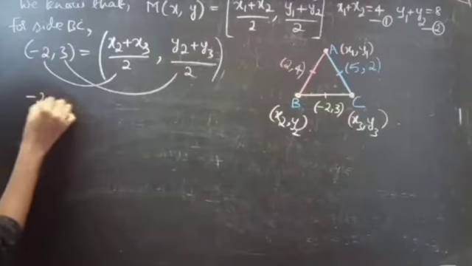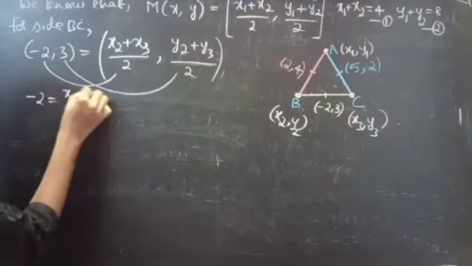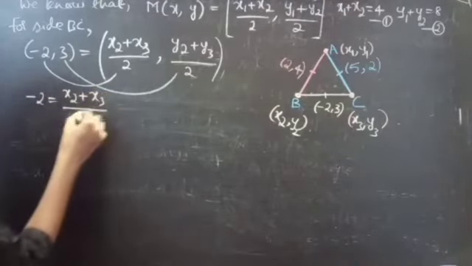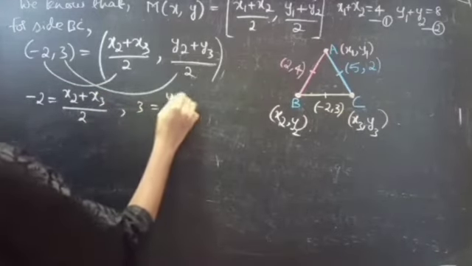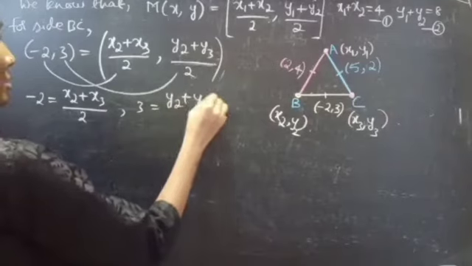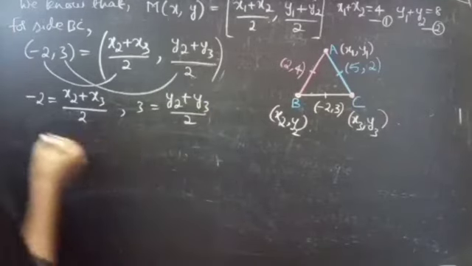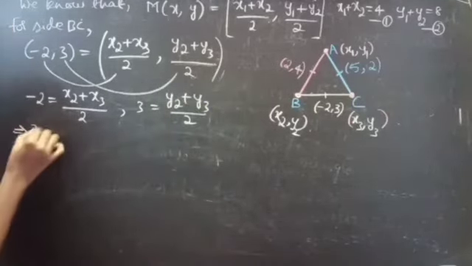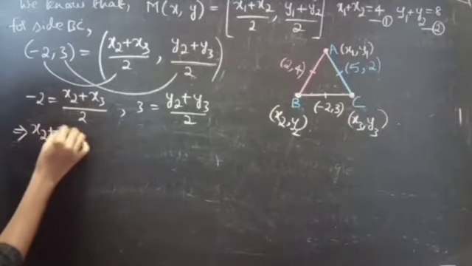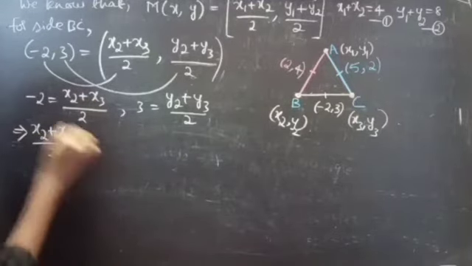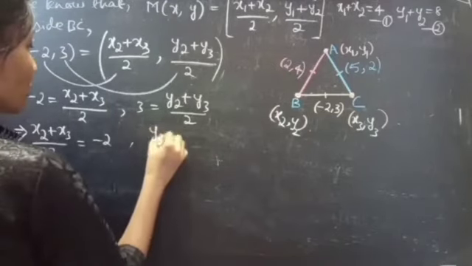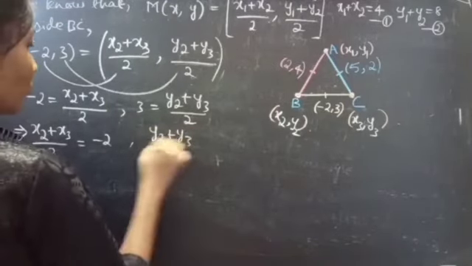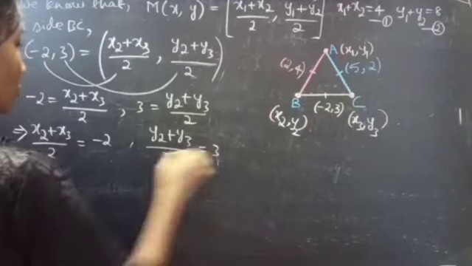So you'll get -2 equals (x2 + x3)/2 and 3 equals (y2 + y3)/2.